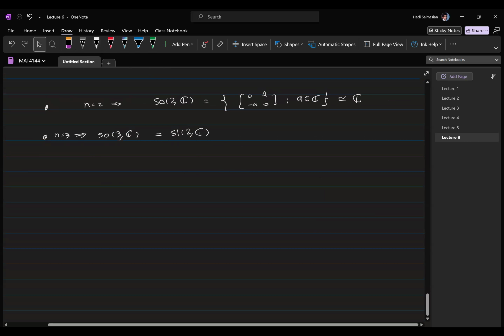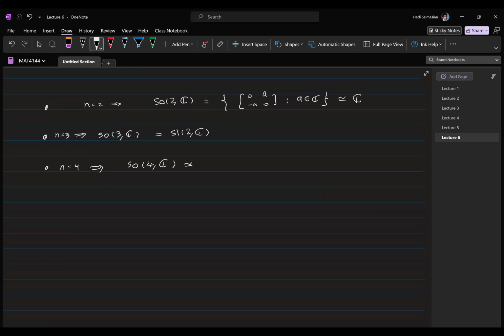What about n equals 4? Does anybody know what happens? SO4C. What's the story here? Is it simple? Is it not?